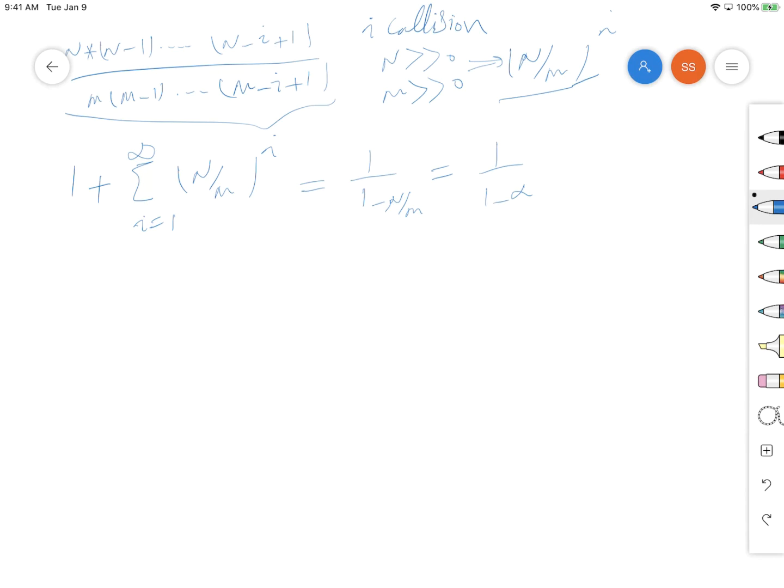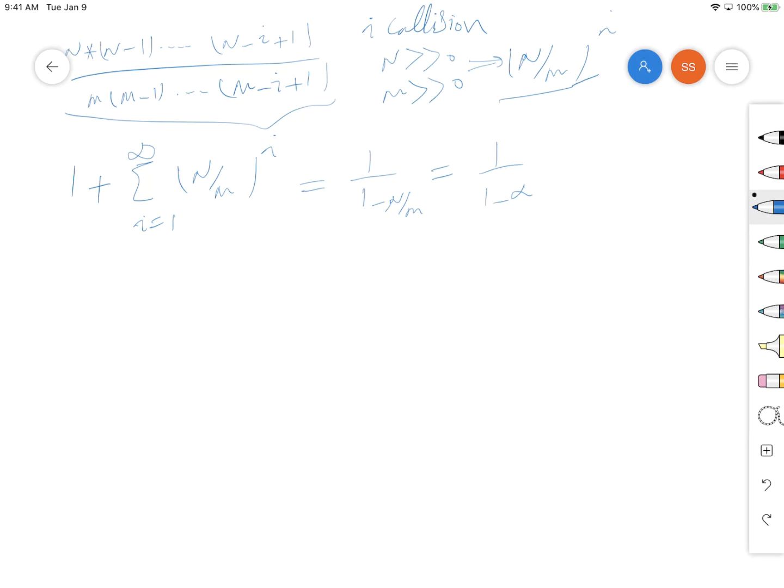Now the cost for a successful search, regardless of whether we insert or delete, is going to be the average cost over what we already inserted. Let's say that we inserted n minus 1 keys before.